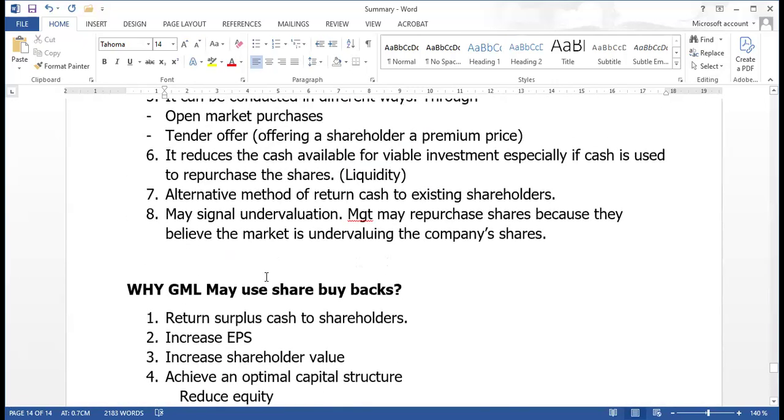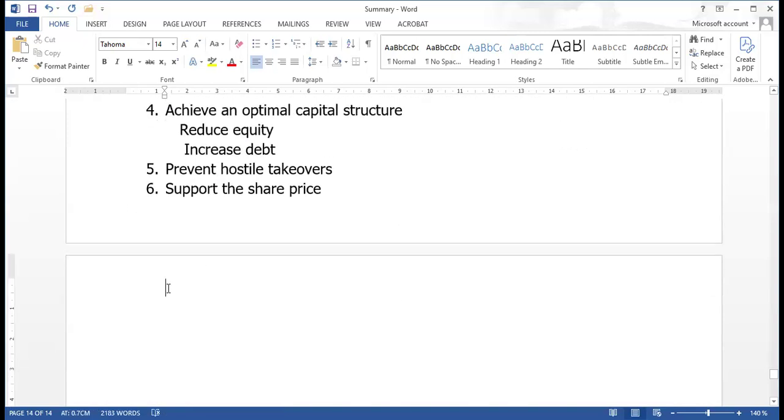But I also want to bring something that is really clear. When you are discussing this, think about the impact. In another question, they can say explain the impact of share repurchase on share price. They can also ask, for example, what is the impact of share repurchase?